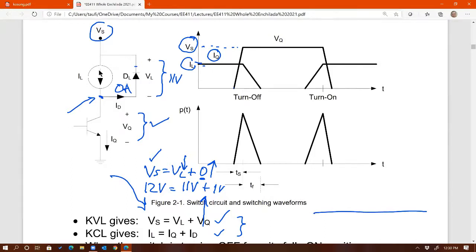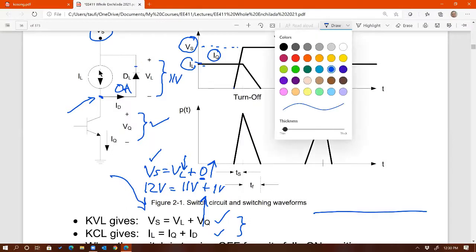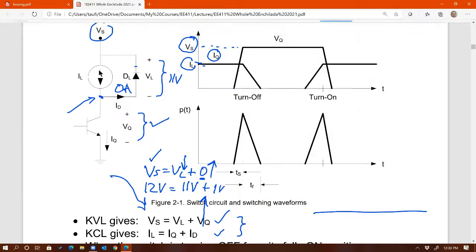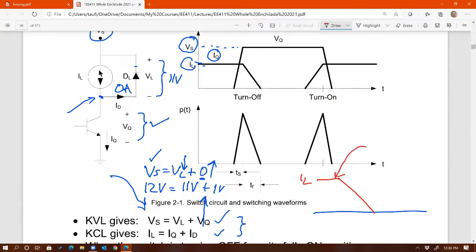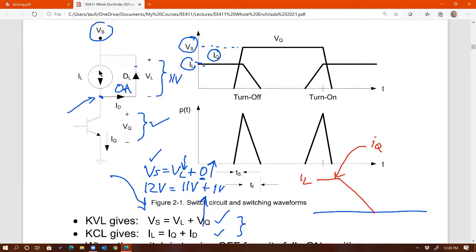So let me use red. When it turns off, current comes down first. So this is IL, and the whole thing is IQ. The switch current is what I'm drawing there with the red, and the flat line right there is IL. So as IQ comes down, what's going to happen by KCL?